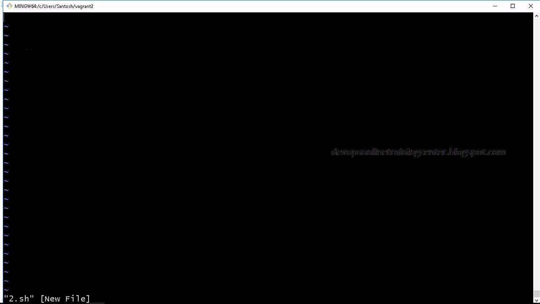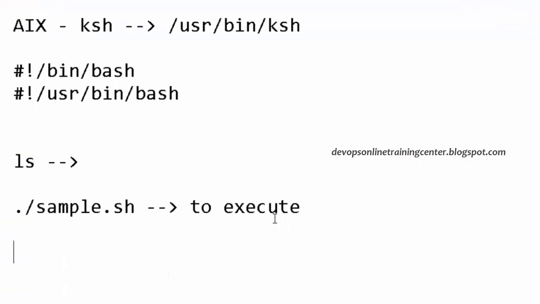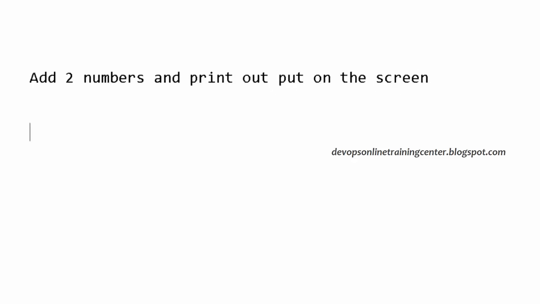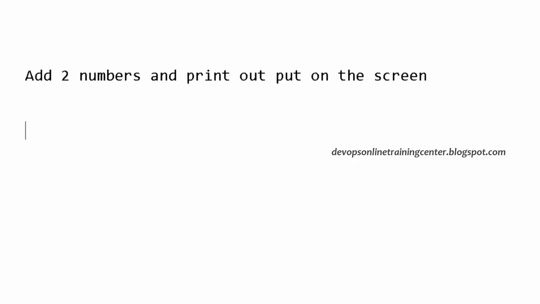Now let us say the requirement is something like this. I want to add two numbers. So how do we do this? I need to take input from the user, right?